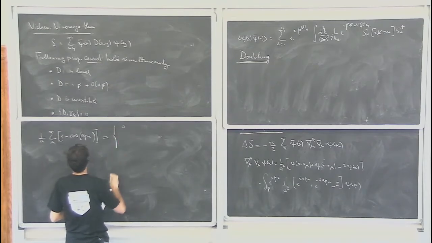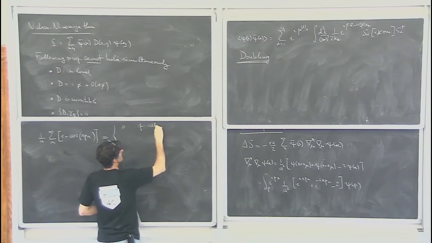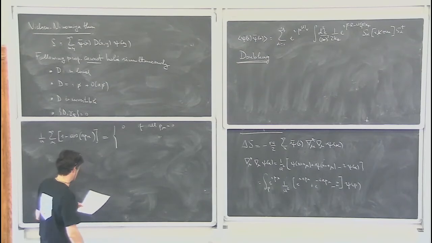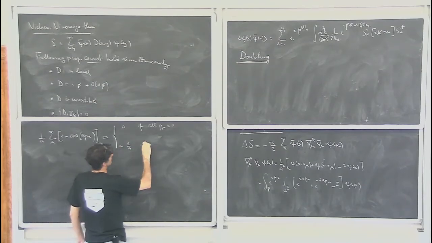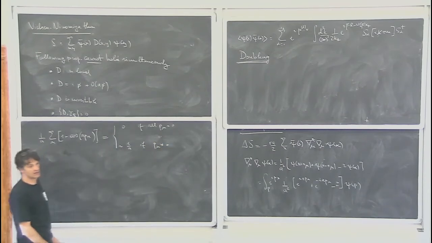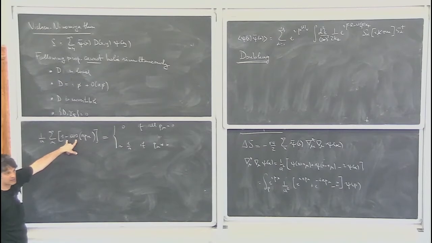Because here you see that this is 0 if all p mu's are equal to 0. Instead it's something of order 1 over a if any one of the p mu's is not 0. So if all the p mu's are 0, this is just a sum of zeros.